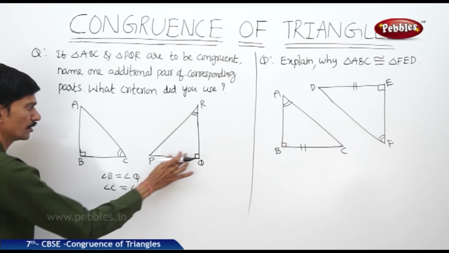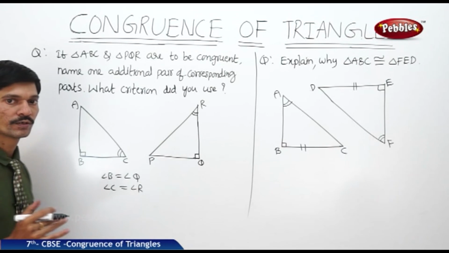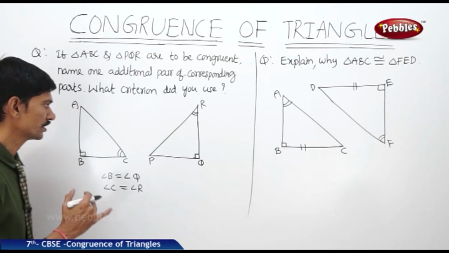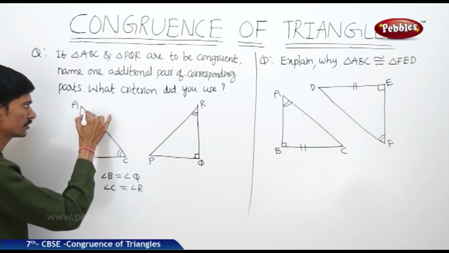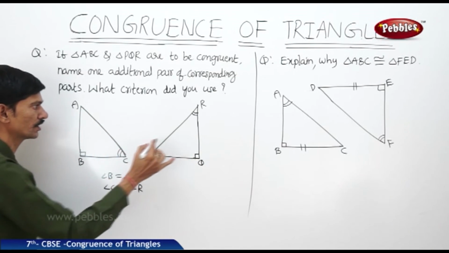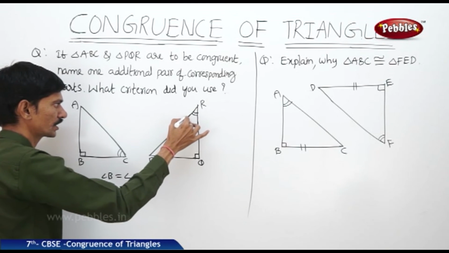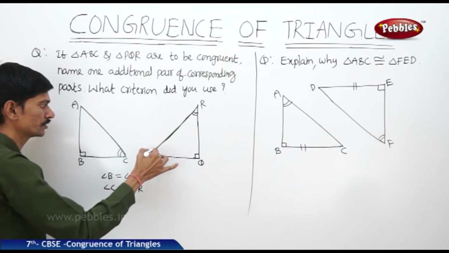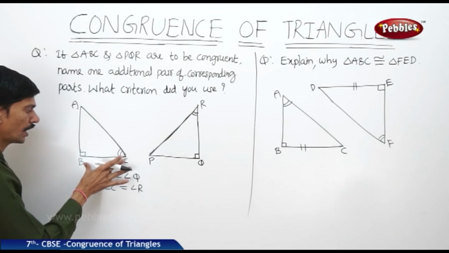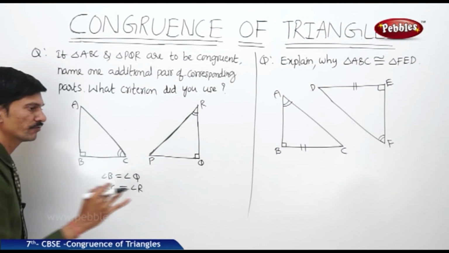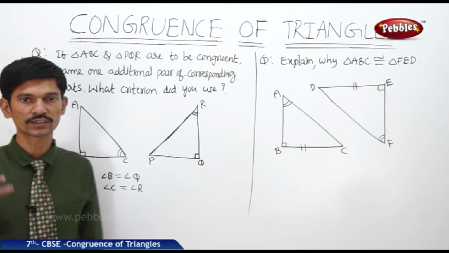As the two angles are right angles, but here we cannot use RHS congruence because it is not given that the hypotenuse of the first triangle is equal to the hypotenuse of the second triangle. So we cannot use the RHS congruence. Now when the two angles are given, then we have to take the included sides.